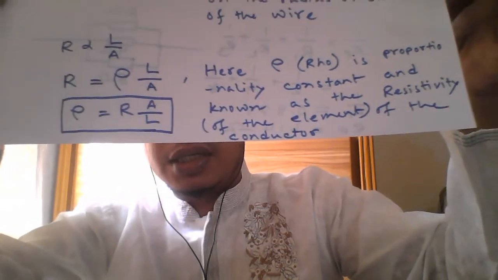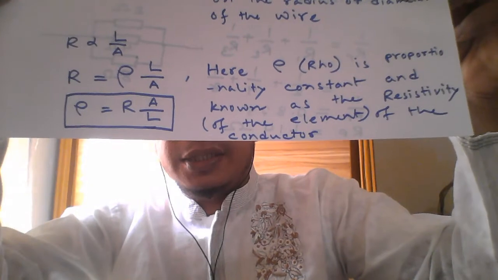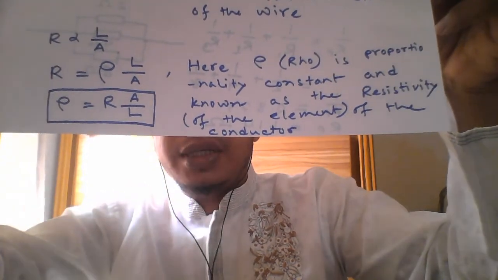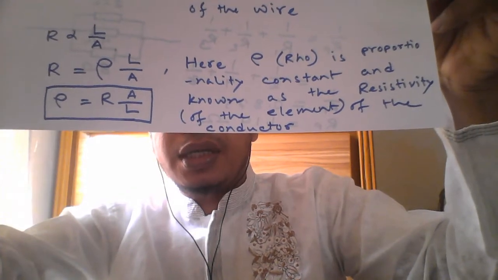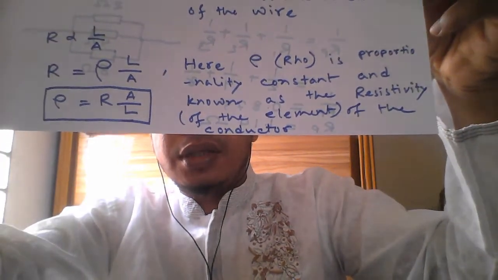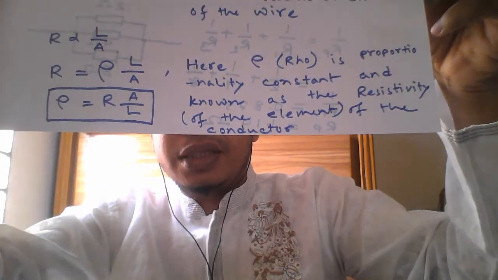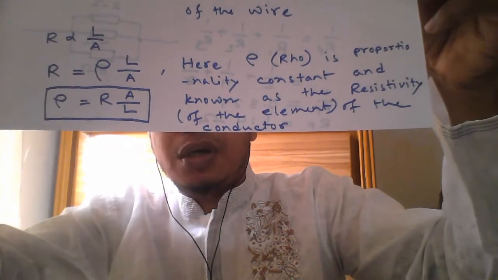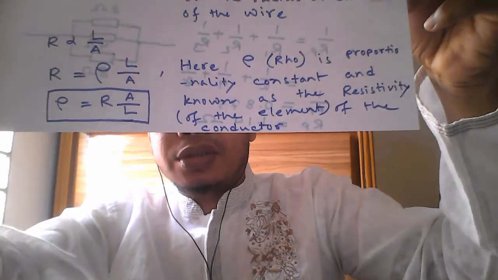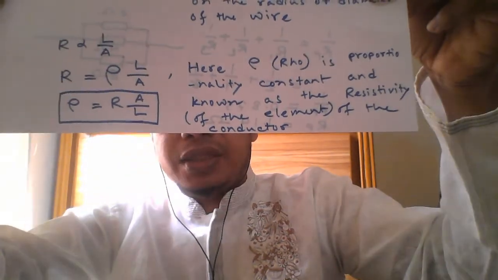You see here I wrote R equals rho L by A. Here rho is the Greek letter and it is the proportionality constant, and this proportionality constant we represent as resistivity of the conductor. Resistivity of the conductor. In bracket I wrote of the element.